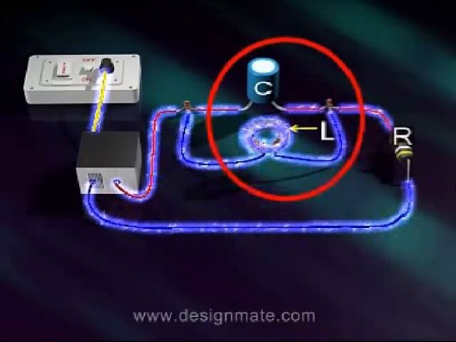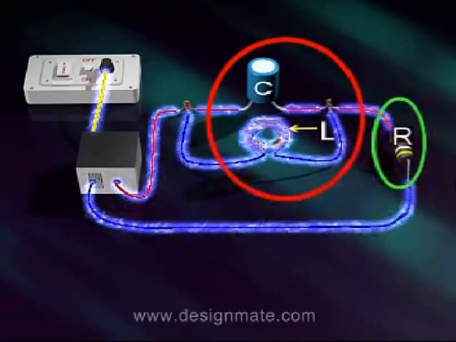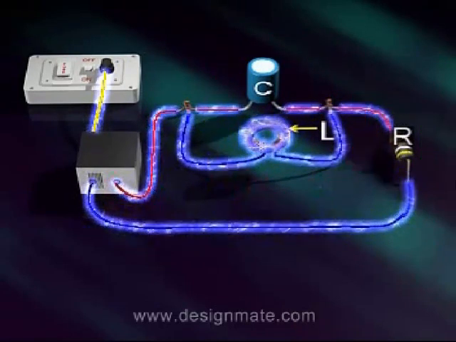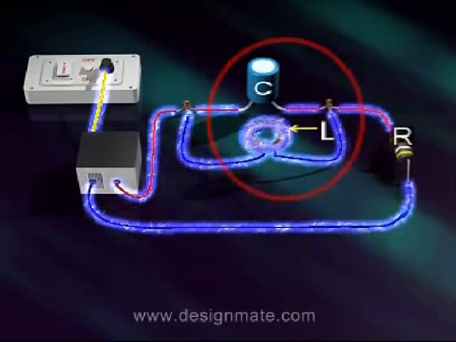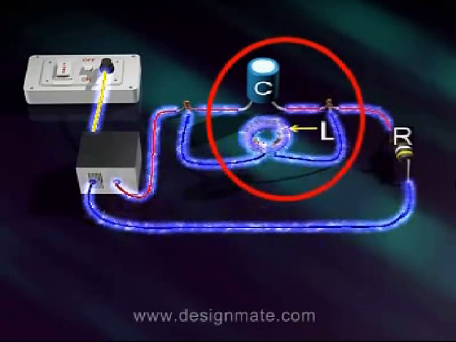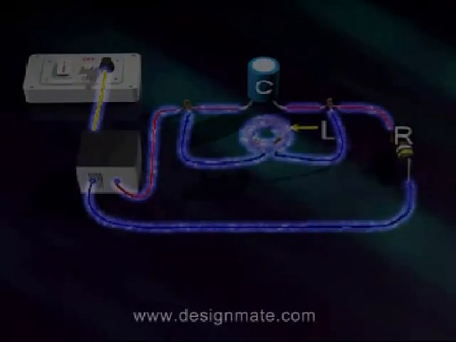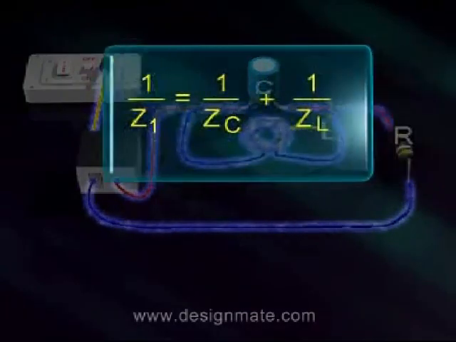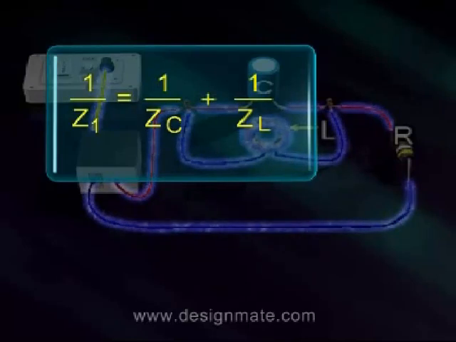6. AC circuit with L and C in parallel and R in series. Applying the rule of parallel connections to L and C, we have 1 upon Z1 is equal to 1 upon ZC plus 1 upon ZL.